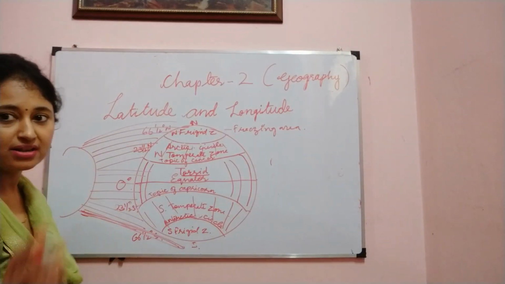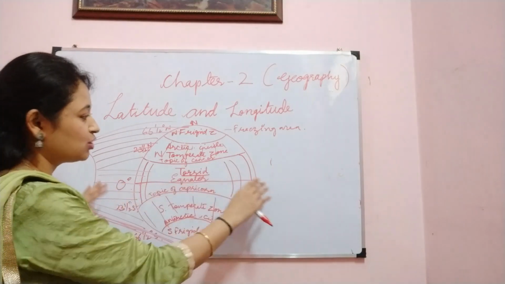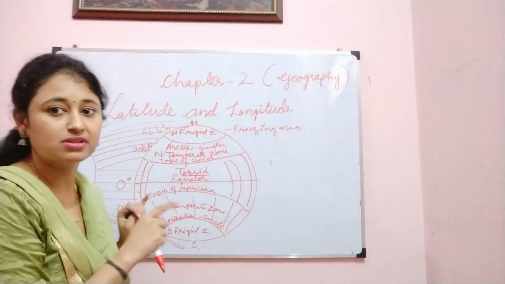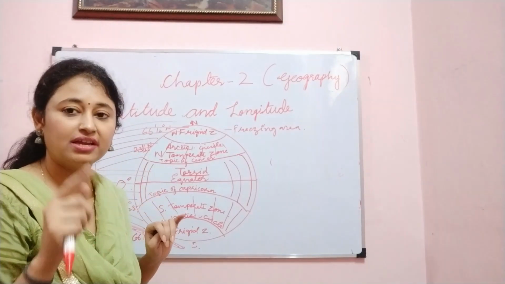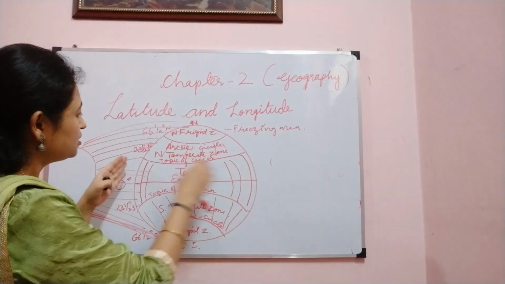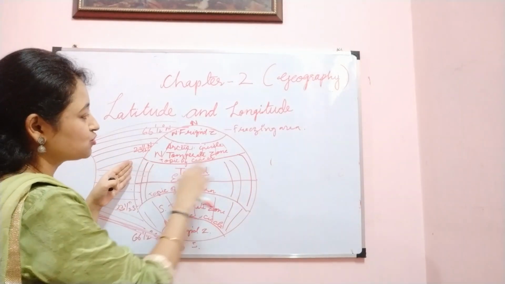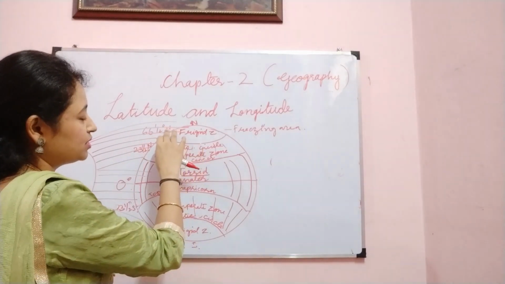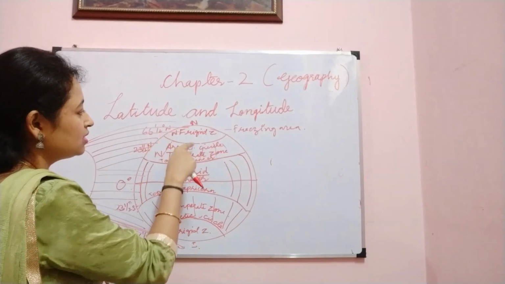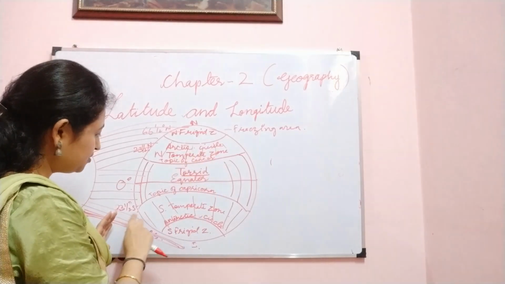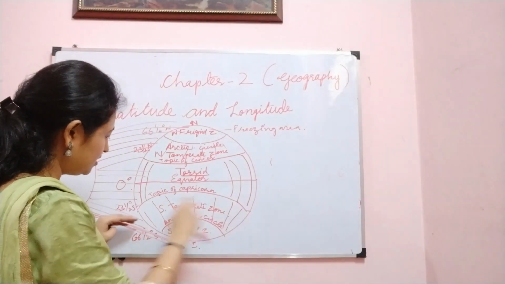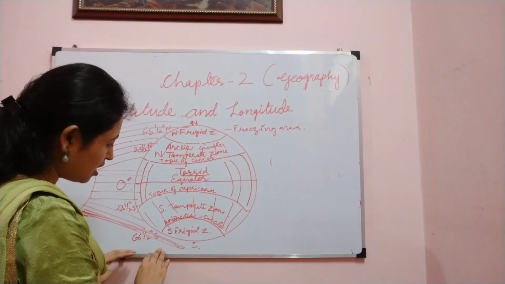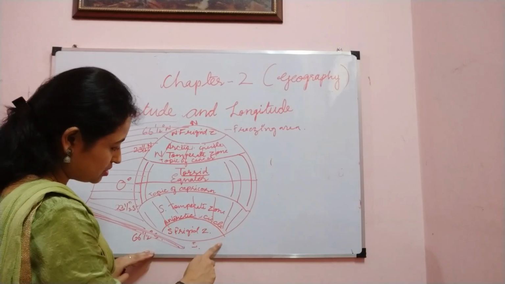Now I'll summarize once again. This is the equator line, which is located at 0 degree latitude, and latitude is always measured in degrees. When we go towards 23 and a half degrees, this is the Tropic of Cancer, and 66 and a half towards north is called the Arctic Circle. 23 and a half degrees towards the Southern Hemisphere is called the Tropic of Capricorn. 66 and a half south is the Antarctic Circle.